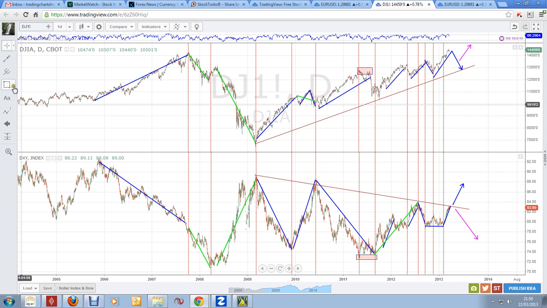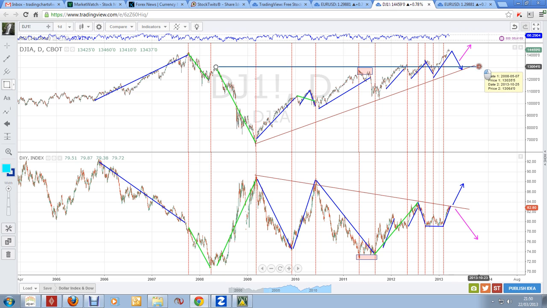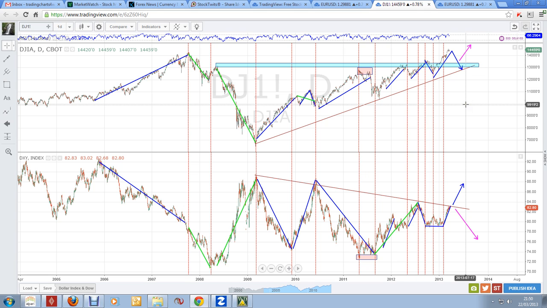So from general level terms, we see, for example, across here we've had a possible resistance in the past, so now we could find possible support in that area.